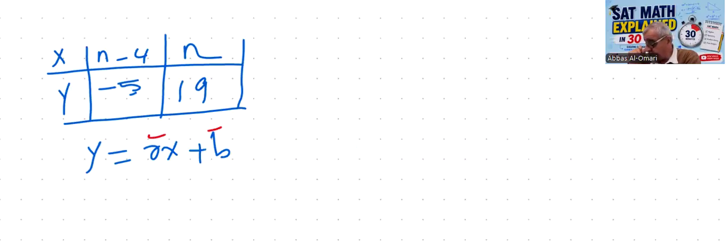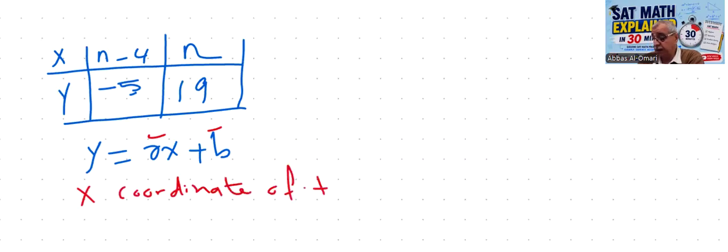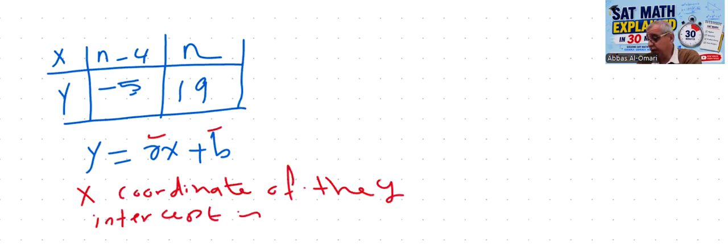Now the other condition says that the x-coordinate of the y-intercept is n plus 8. So this is the additional condition we know.